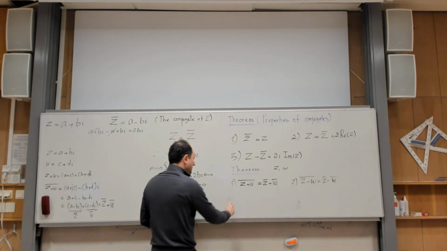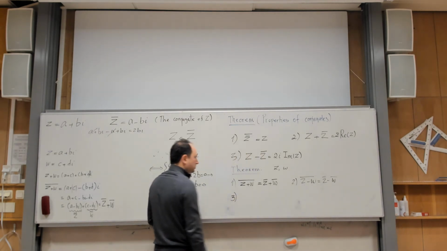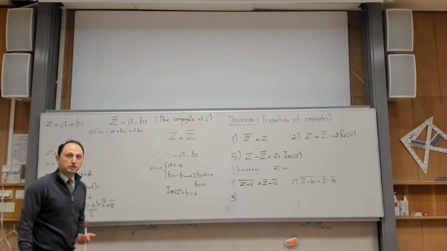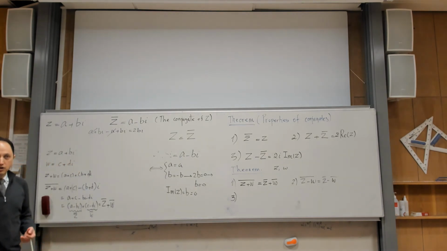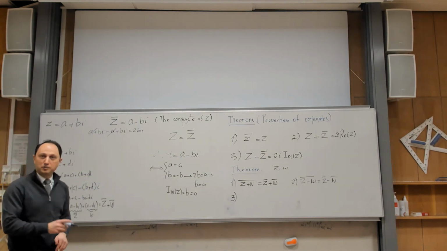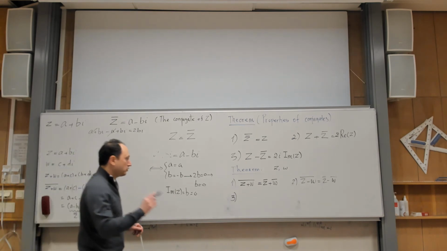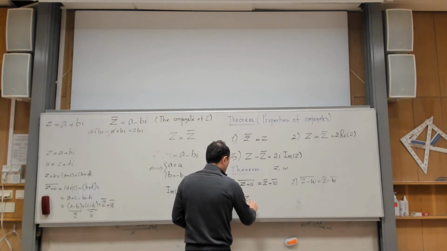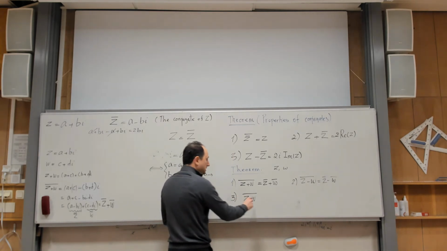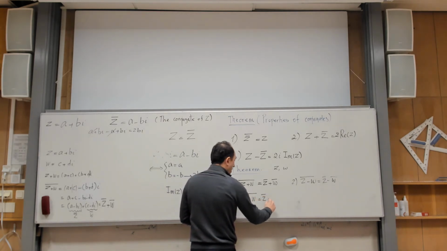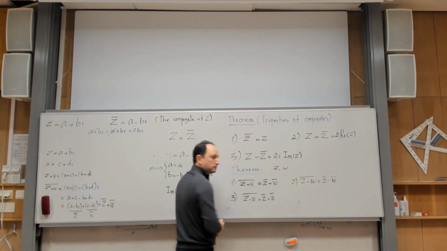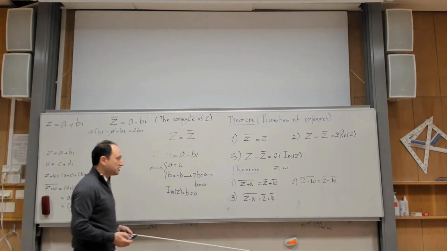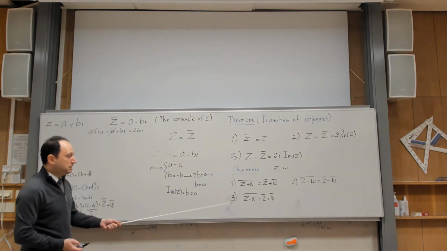But my question is, is something similar also true for multiplication and division? Because multiplication and division are harder operations. So my question is, z times w totally bar, is it equal to z bar times w bar? It is not straightforward to answer this immediately.